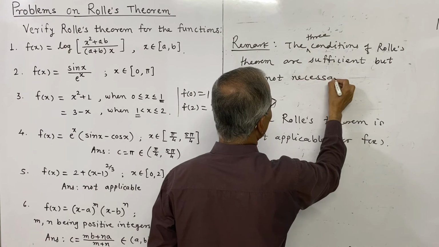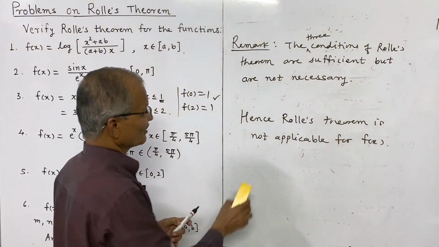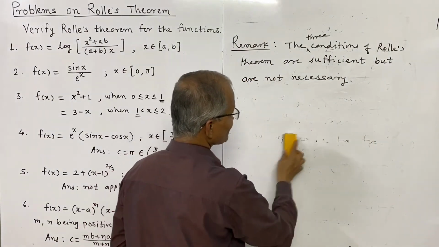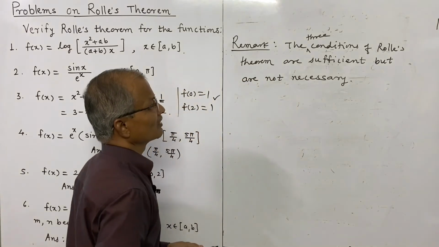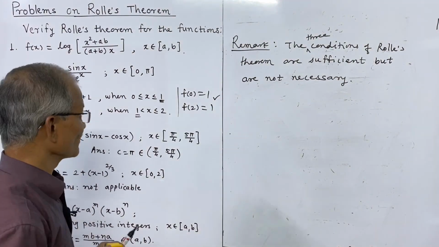What is the meaning of not necessary? Without satisfying the conditions, there may exist a value c in the open interval AB such that f dash of c is equal to 0. That is to be noted. The conditions are sufficient but not compulsory.